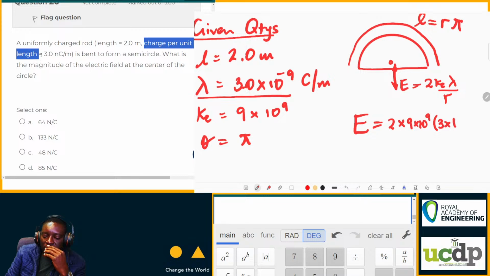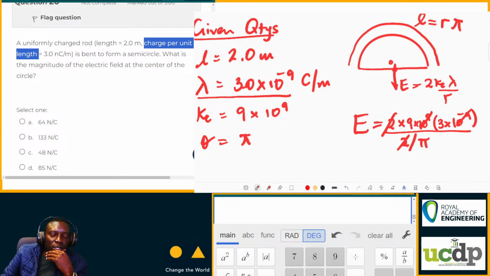Do we agree? Yes, sir. Thank you. I understand now. Okay, good. So we have this over r, where r is L over pi, which is 2 over pi. These 2 and that 2 cancel out. This cancels with that. And that's giving me 27 pi.